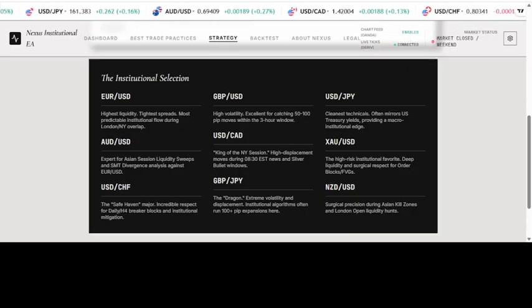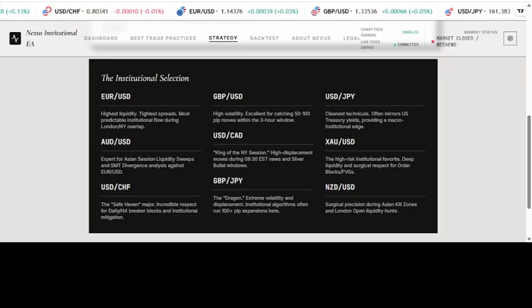This is an incredible gold advisor. I've done some trades on my plus 500 account trading spot gold. Works tremendously well. The US dollar Swiss franc, which is the safe haven major. Incredible respect for daily and 4-hour breaker blocks and institutional mitigation.